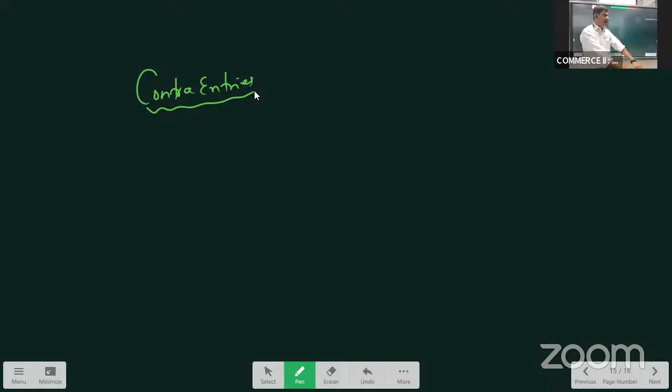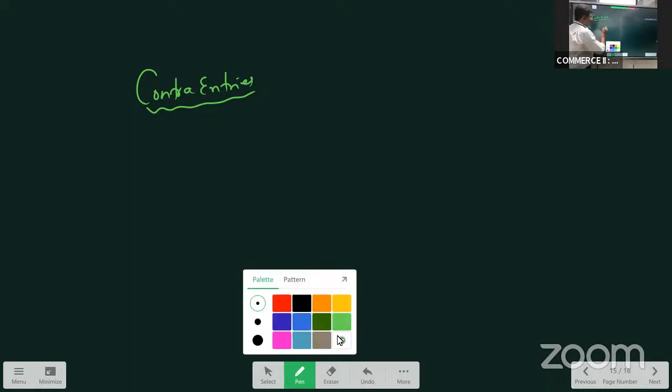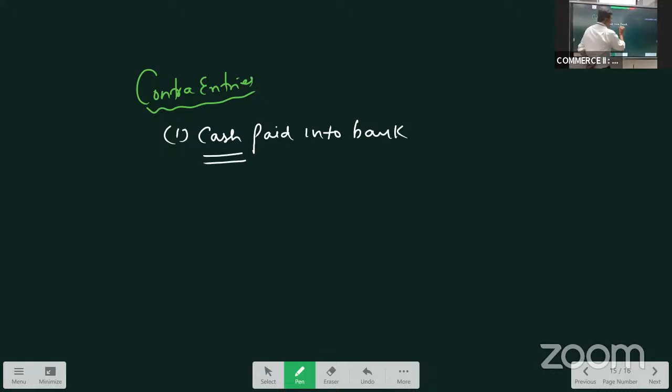So similarly, suppose while writing 3-column cash book, I happen to come across a transaction, cash paid into bank. Now, if I am having cash in my office, if I am having cash in my bank balance, is it not one and the same? Suppose I have 10,000 cash.